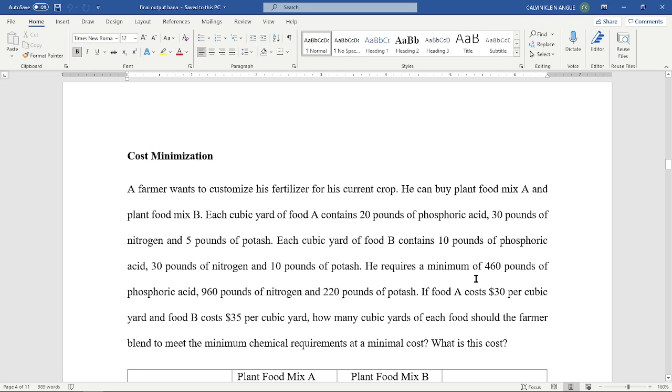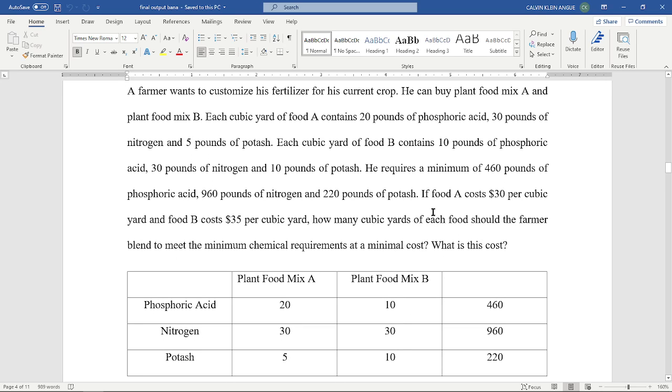He requires a minimum of 460 pounds of phosphoric acid, 960 pounds of nitrogen, and 220 pounds of potash. If food A costs $30 per cubic yard and food B costs $35 per cubic yard, how many cubic yards each food should the farmer blend to meet the minimum chemical requirements at minimal cost?